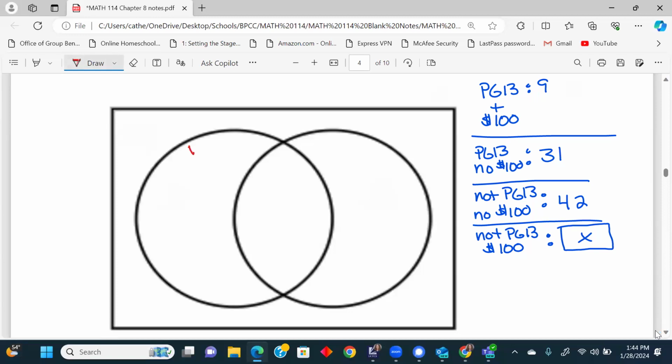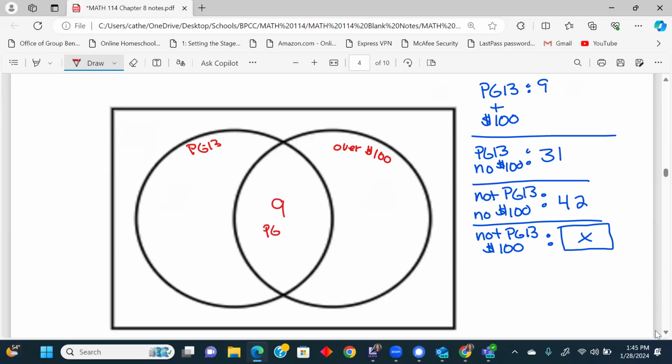So this is going to be movies that were rated PG-13. And the circle on the right, the ones that earned over 100 million. Okay, so the ones that were PG-13 and earned over 100 million. Okay, and both together overlap is right here.